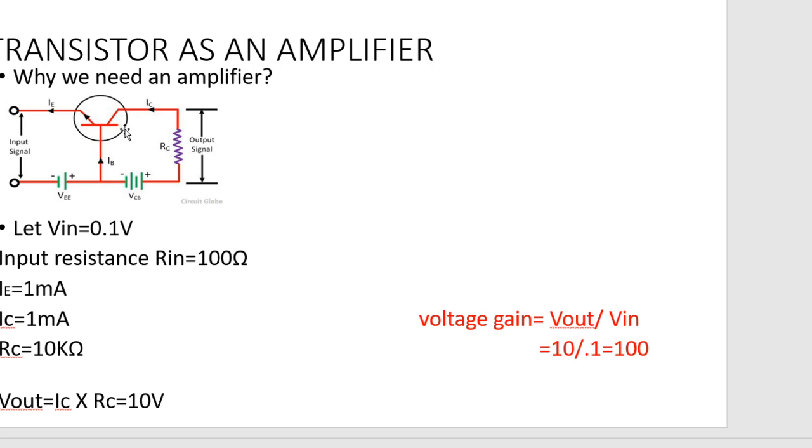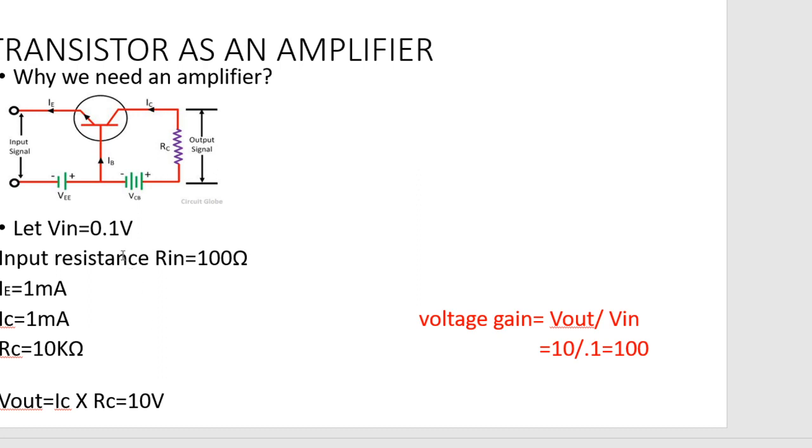Now, for any transistor configuration, IE will be approximately equal to IC. So here, since IE is 1 milliampere, IC will also be equal to 1 milliampere. Since the load resistance RC is equal to 10 kilo ohm, the voltage across the resistance will be IC times RC, which is equal to 10 volt.